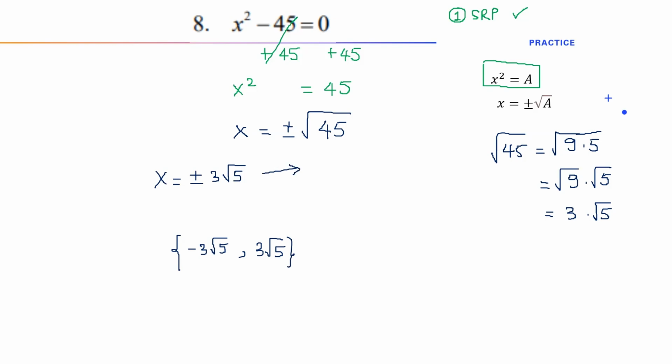This one means x equals 3 square root of 5 or x equals minus 3 square root of 5.